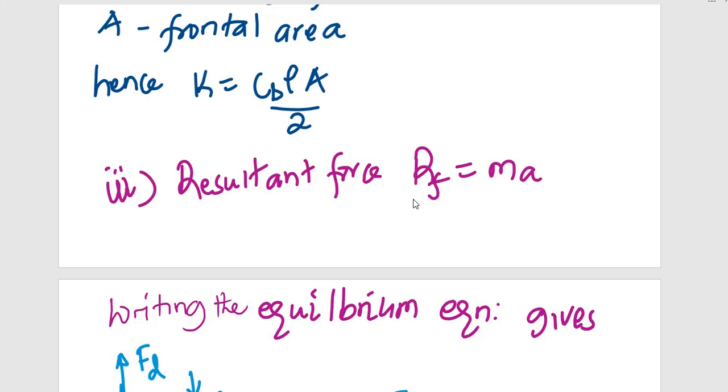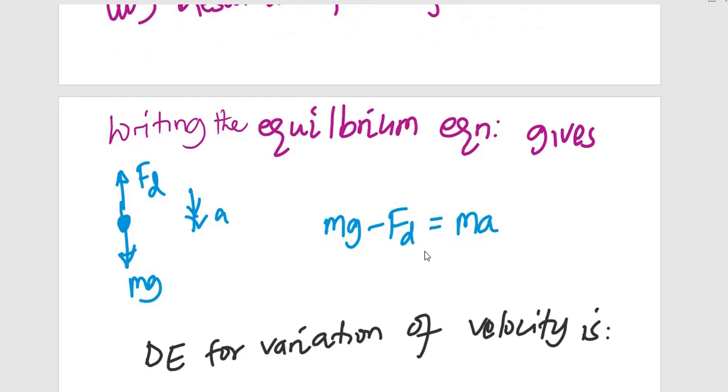Now the resultant force is assumed to be ma according to Newton's law of motion. Writing the equilibrium equation would give us mg minus Fd is equal to ma. I am sure that this parachutist is from maybe an aeroplane very far away in the sky and is going to fall down at a uniform velocity.